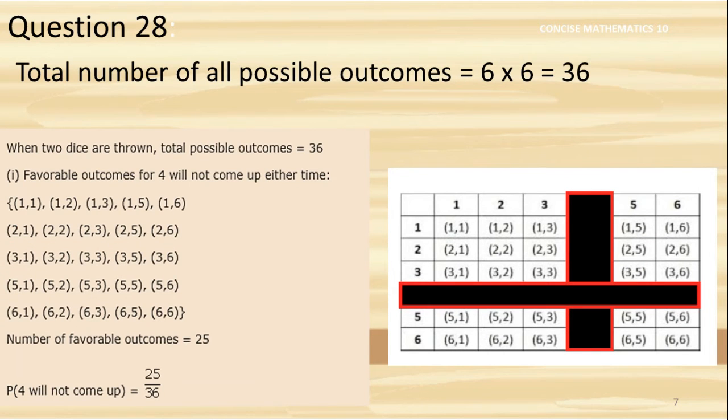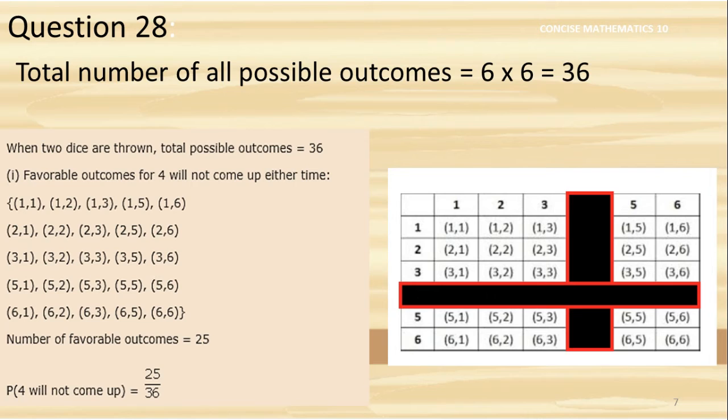Question number 28. 2 dice are thrown simultaneously. What is the probability that 4 will not come up either time? As we know, the total number of all possible outcomes when 2 dice are thrown is 6 times 6, exactly 36. In many of the problems, we have listed out all the 36 possible outcomes.